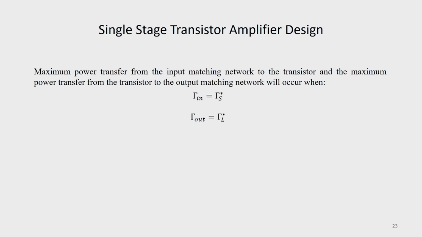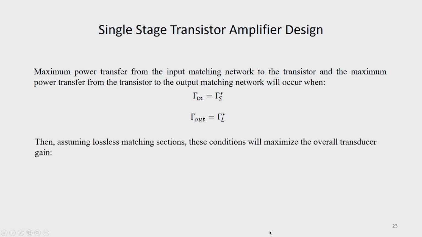That is, gamma in is equal to gamma s conjugate and gamma out is equal to gamma L conjugate.